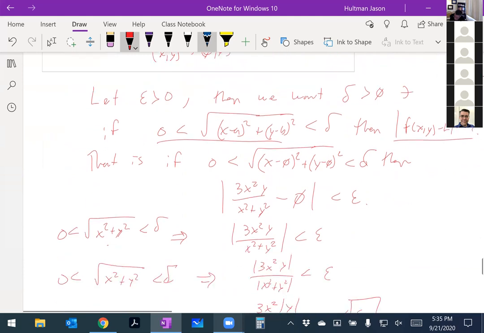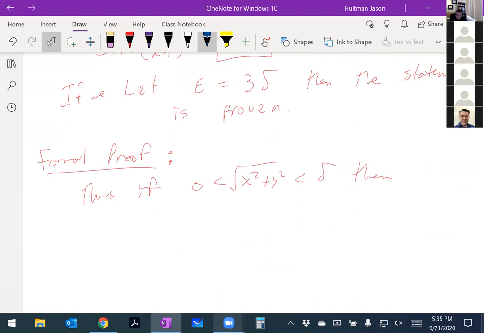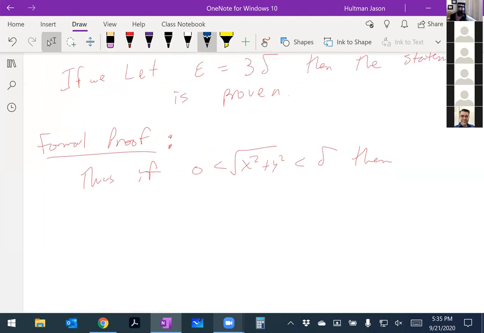So as x, y approaches 0, 0, does the function minus the limit approach epsilon? As those values get closer and closer, do the limit and the function get closer and closer together? Thus if this holds, then the absolute value of 3x squared y over x squared plus y squared minus 0 is less than epsilon.